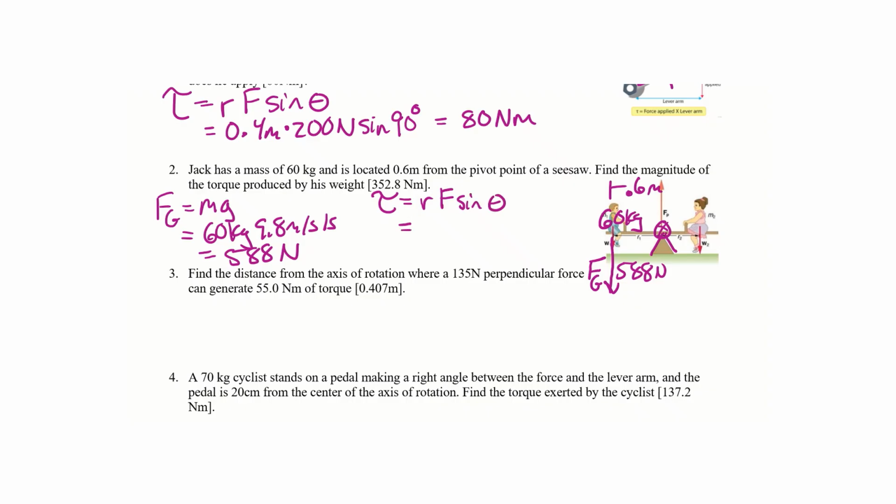The lever arm, they told us, Jack is 0.6 meters from the axis of rotation. The force is going to be his weight, 588 newtons. And we can see the angle between the lever arm and the force applied is 90 degrees. When I plug that into my calculator, I get 352.8 newton meters of torque.